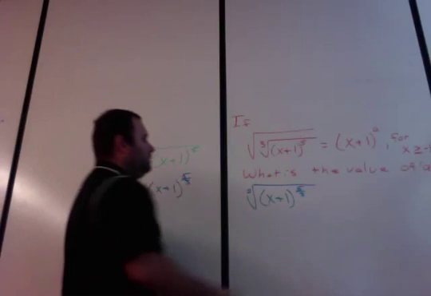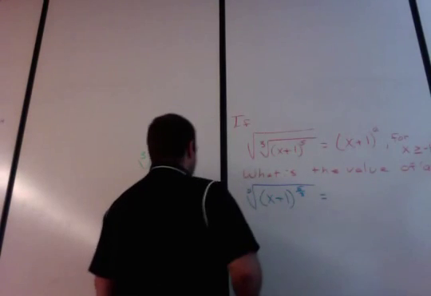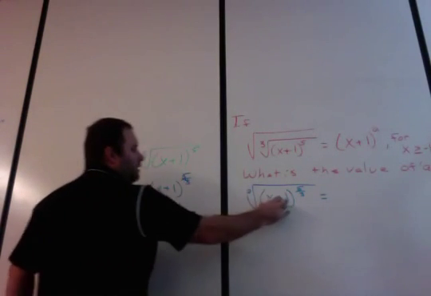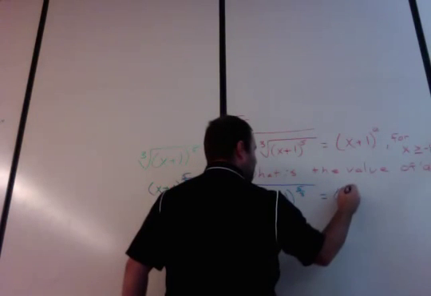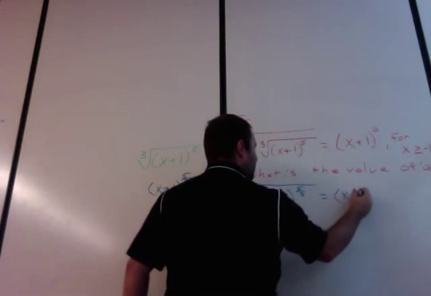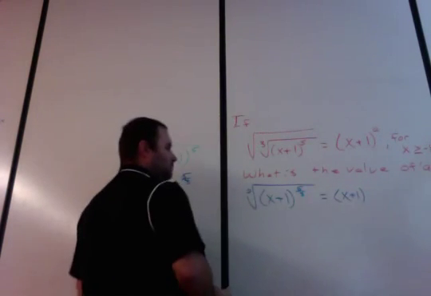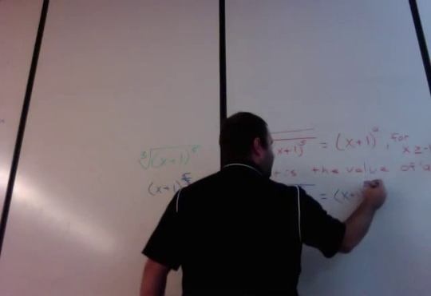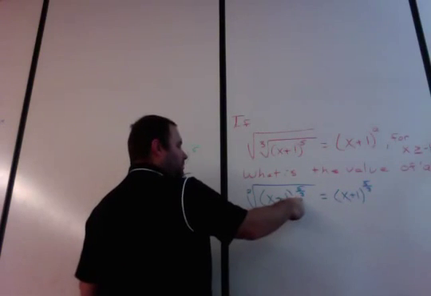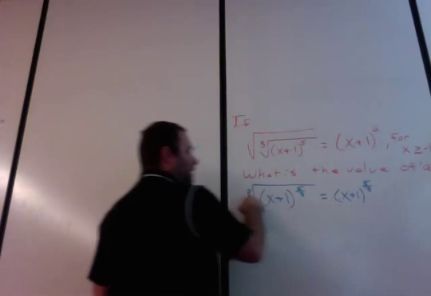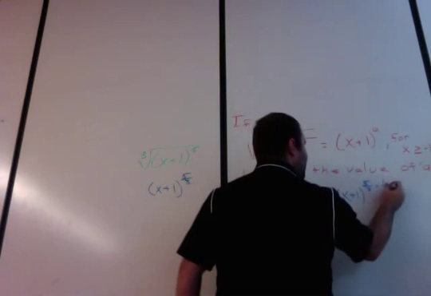Let's rewrite this. I can take this out. x plus 1, 5/3, that's what it's being raised to. I'm going to multiply that by 1/2.